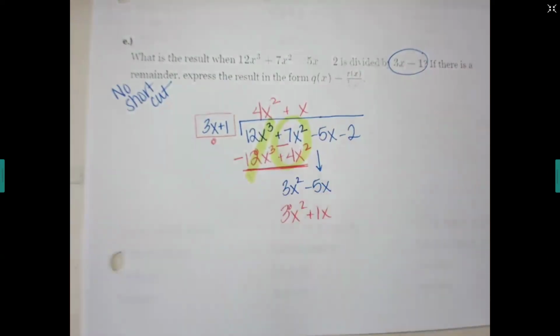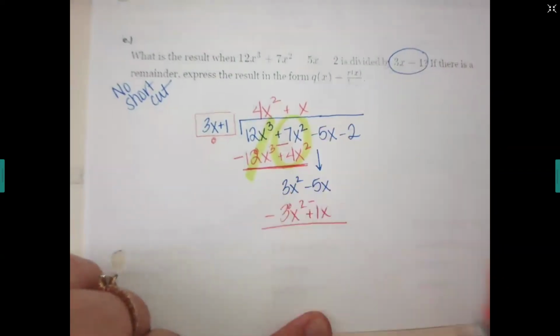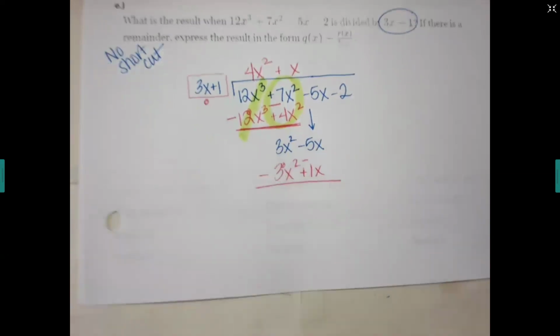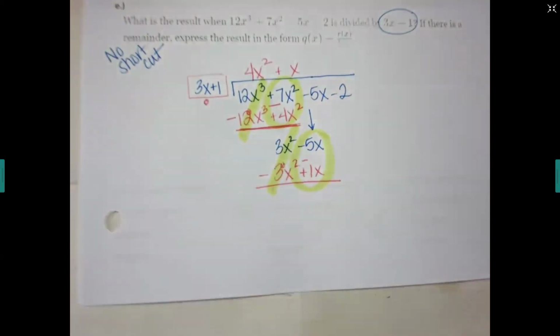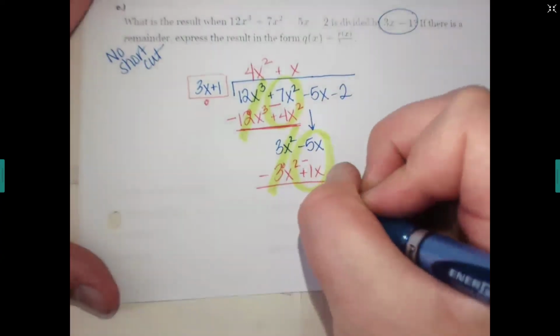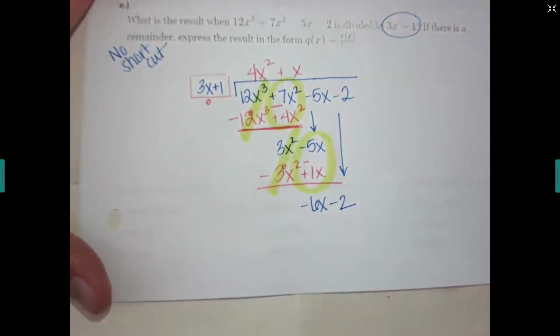But then what do I have to do with the signs on that row? We'll switch them. So it's a minus and a minus. Remember, 3 minus 3 should always cross out in the front. Negative 5 minus 1 more is how many? Negative 6x. Carry down minus 2.